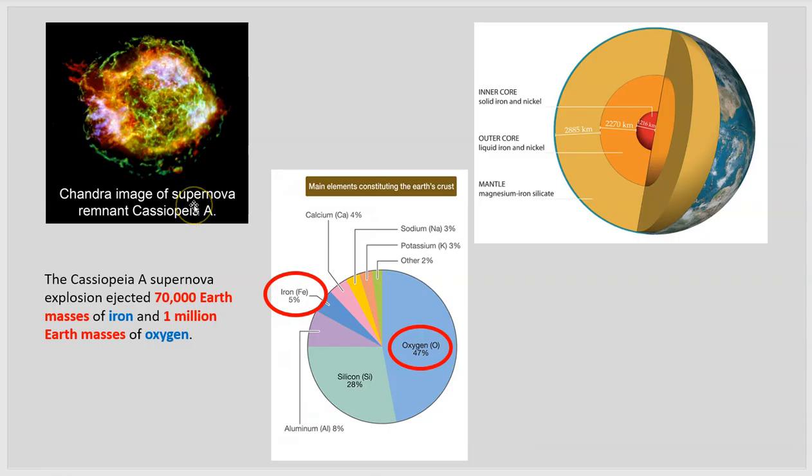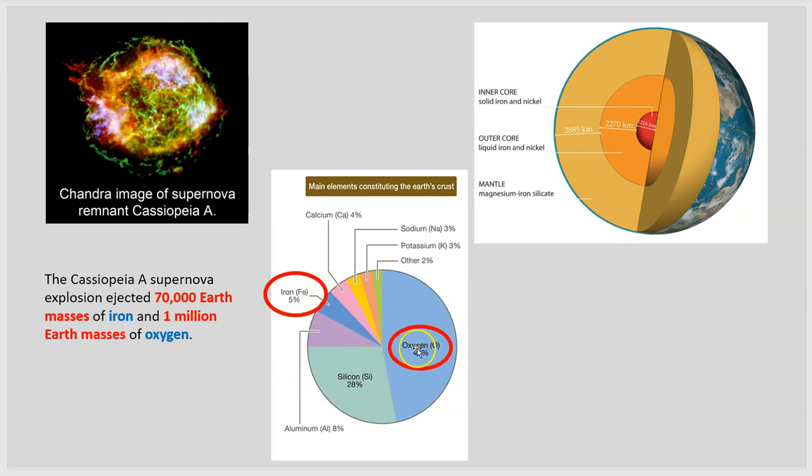So let's get a sense of how much material we're talking about. Here is a supernova remnant, Cassiopeia A, and scientists estimate that that supernova ejected 70,000 Earth masses of iron and 1 million Earth masses of oxygen. You'll recall, here's the Earth over here on the right, and here's a breakdown of the most common elements in the Earth's crust.